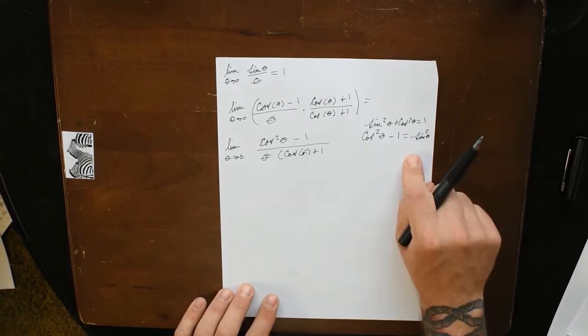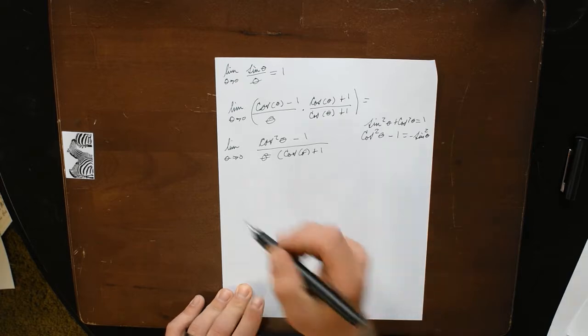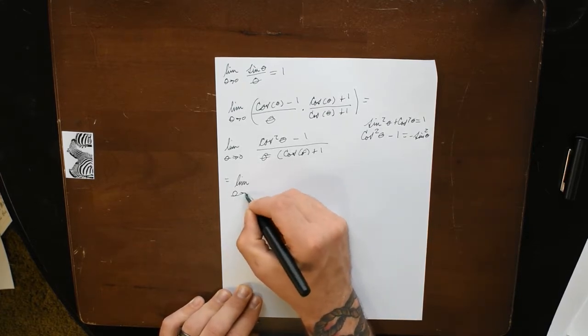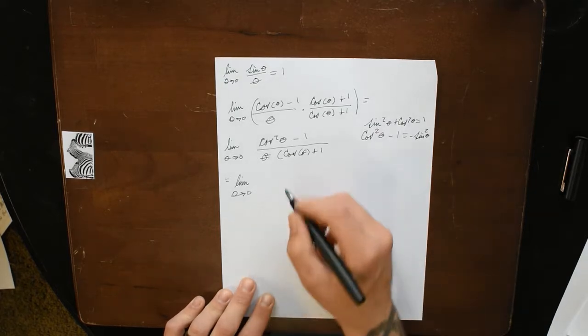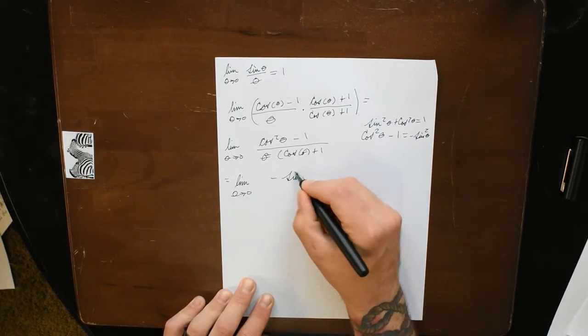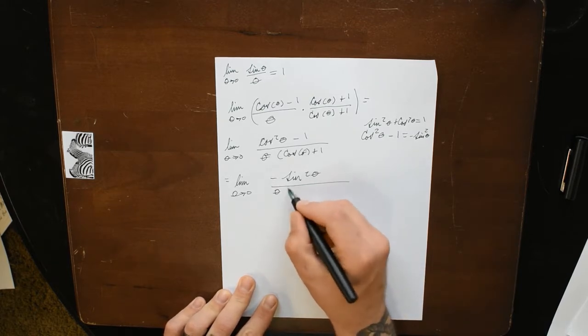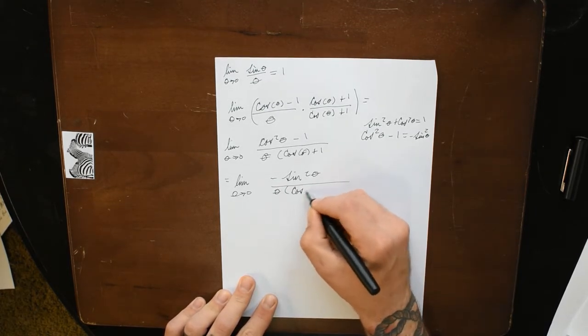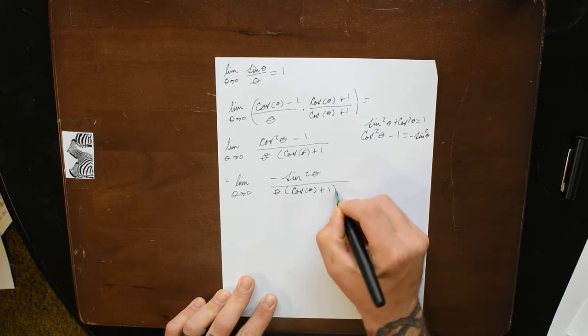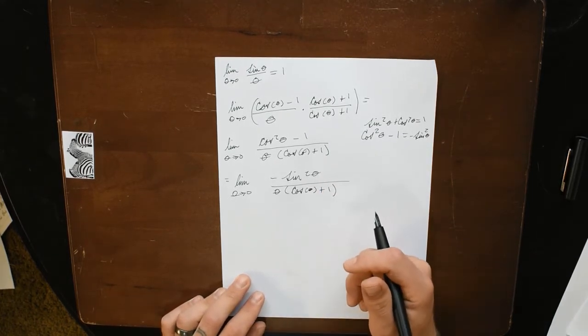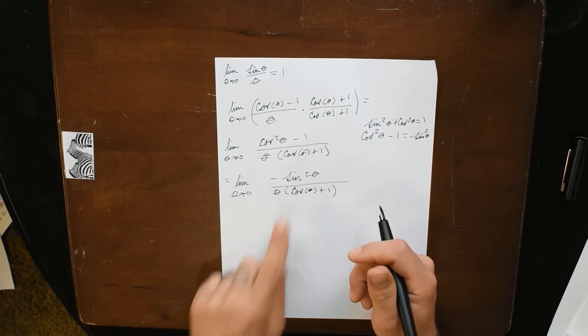So we're going to perform this substitution right here. This is equal to the limit as theta goes to 0 of negative sine squared of theta, all divided by theta times the cosine of theta plus 1. Close that parenthesis. Perfect.